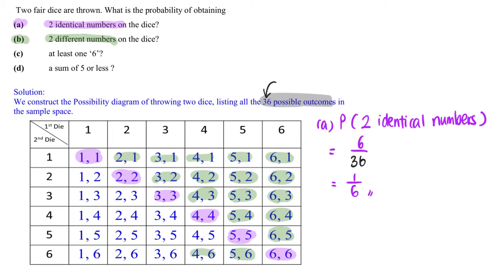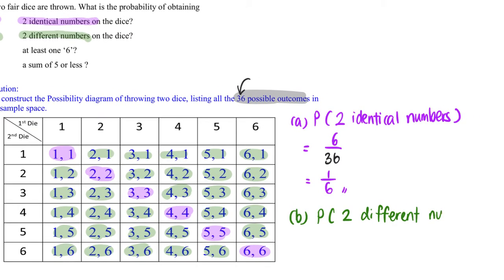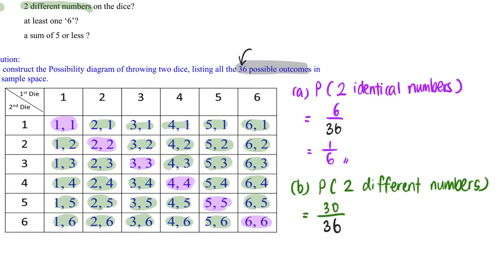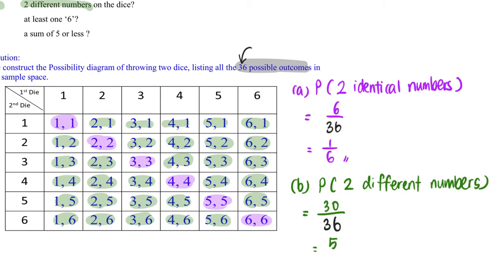So there's already 15, 16, 17, 18, 19, 20, 21, 22, 23, 24, 25, 26, 27, 28, 29, 30. So for part B, the probability of getting two different numbers is simply 30 out of 36. Again, do leave your answer in the simplest form, 5/6 in this case, 5/6.